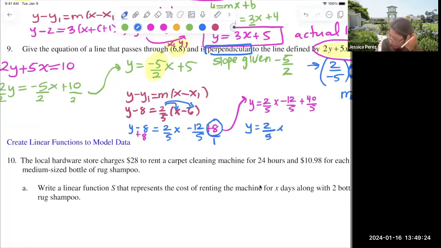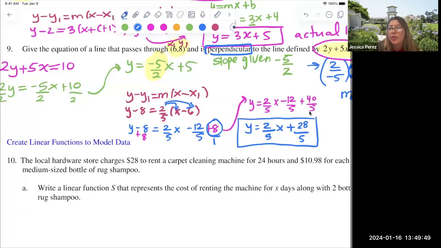And then here, of course, I'm going to get a positive 28 over 5. One second here. Positive 28 over 5. And this is the equation of that line.